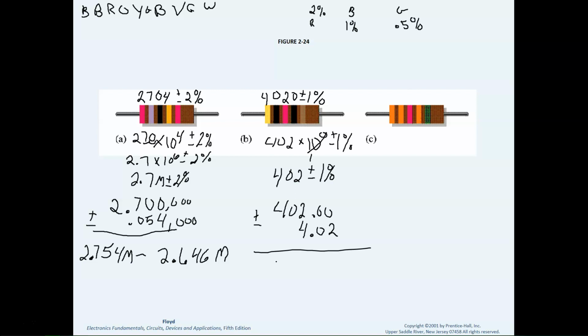So adding it to, you should get 406.02. Subtracting from, you should get 397.98.